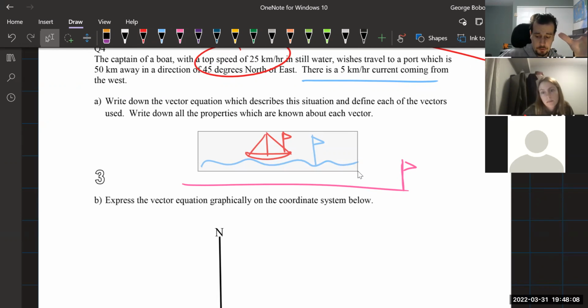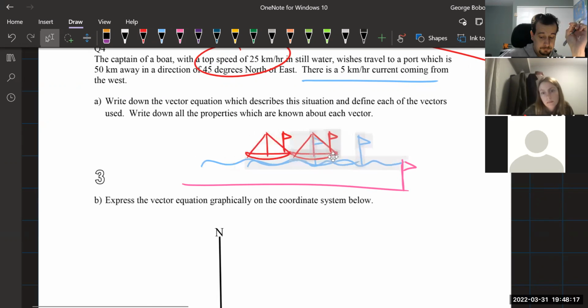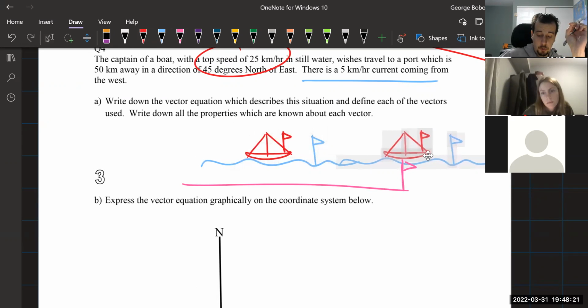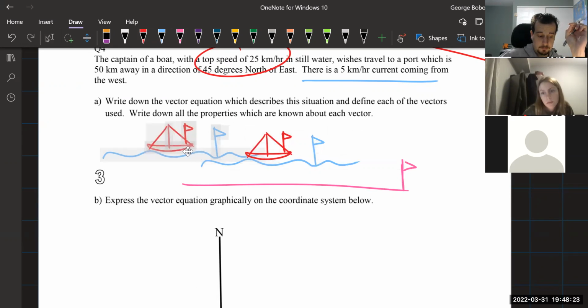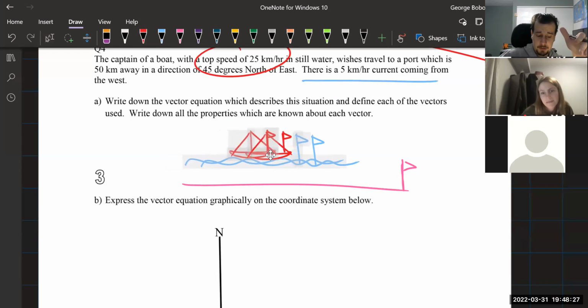I'm going to do this motion and you tell me what you think. Again, when does the water appear still for the boat? When the boat is doing what? It's moving at the same speed as the water.